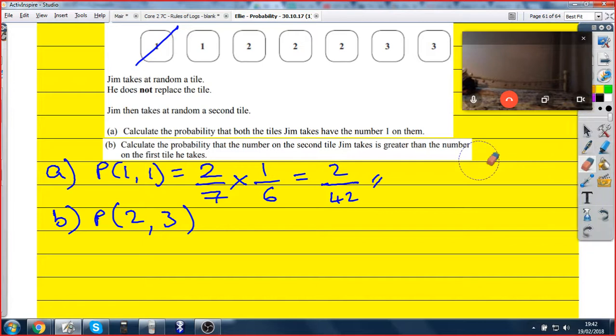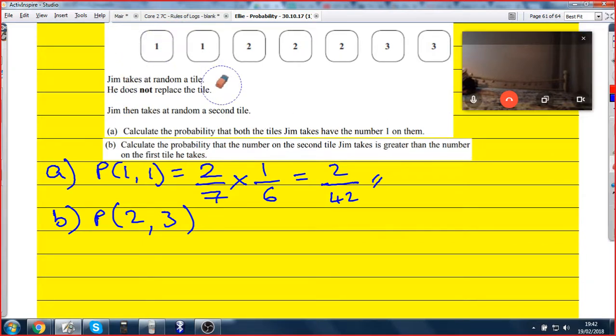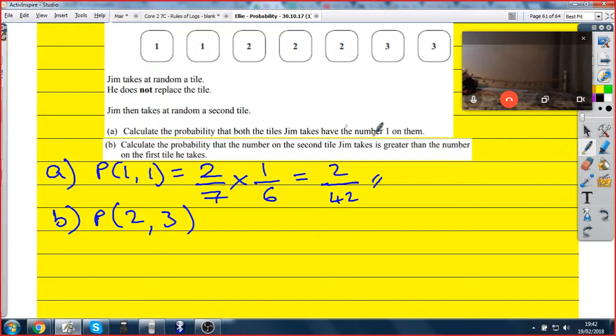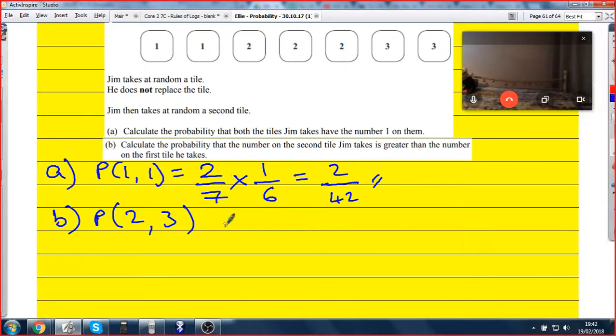So you could take a 2, then a 3. So the second card is bigger than the first. Are there any other possibilities where you take 2 cards and the second one's bigger than the first? 2 2s and 2 3s. That would be the same. The second card needs to be bigger than the first.